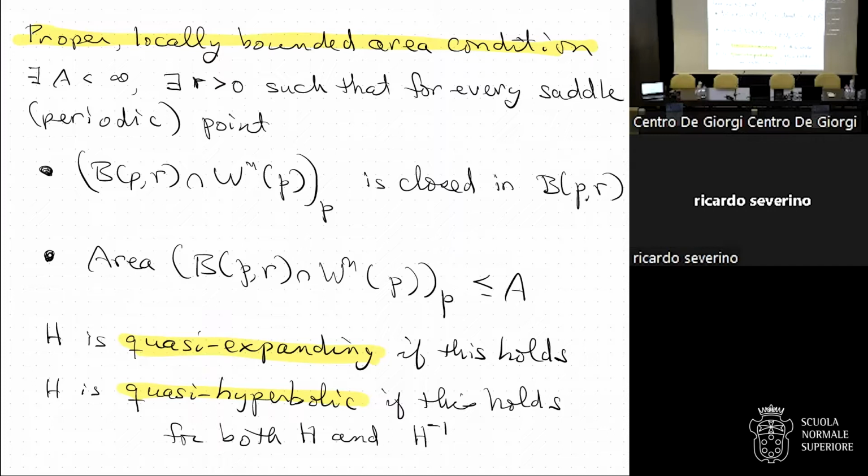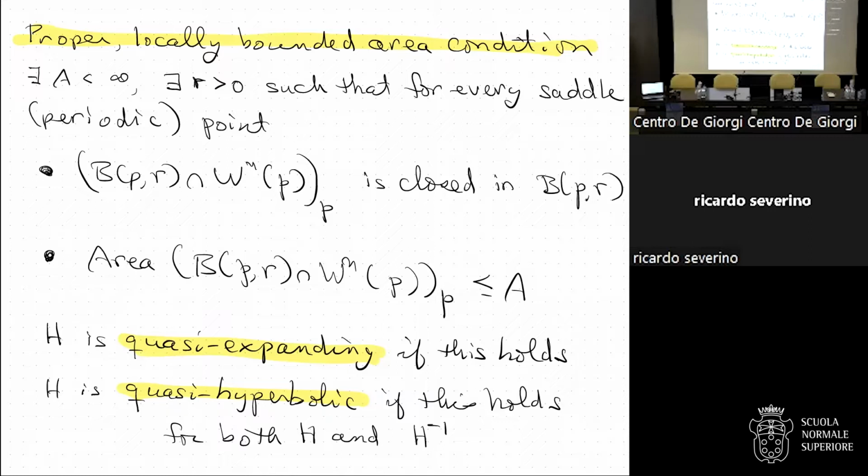And what I want to do is talk about something that I'll call the proper locally bounded area condition. It says there's some large number A and some small number R, such that for every saddle point P, I want to look at its unstable manifold intersected with the ball of radius R, and I take the component containing P.